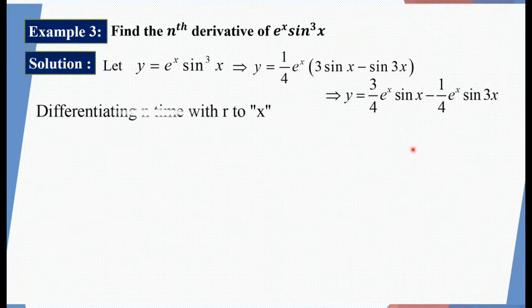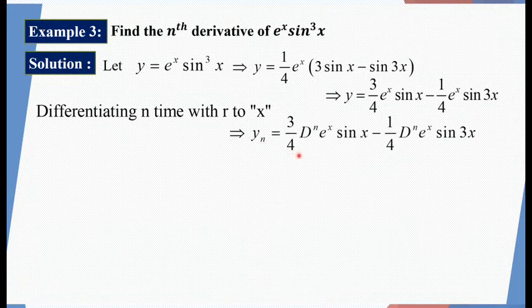So differentiating n times with respect to x, y_n equals 3 by 4, the constant, taking it outside, nth derivative of e raised to power x sine x, minus 1 by 4, taking it outside, nth derivative of e raised to power x sine 3x. Now in the first part, on comparing with e raised to power ax sine(bx plus c), a and b are both unit.